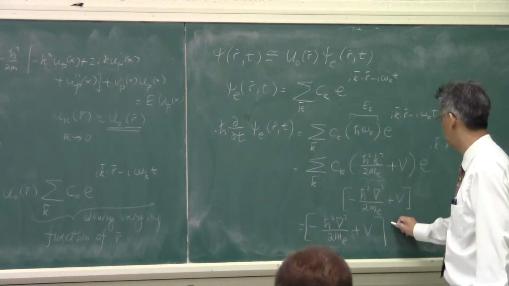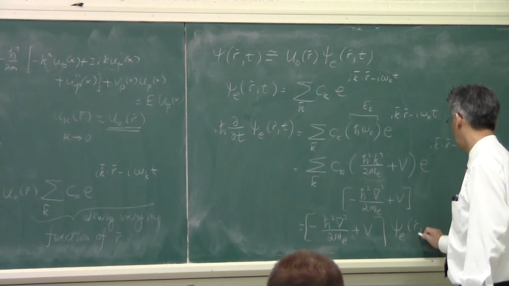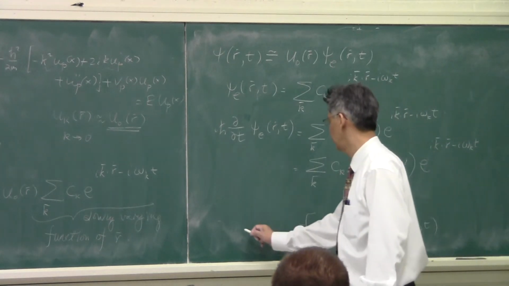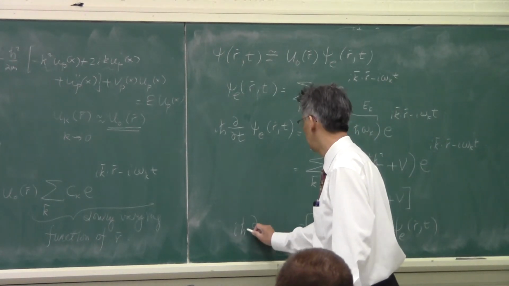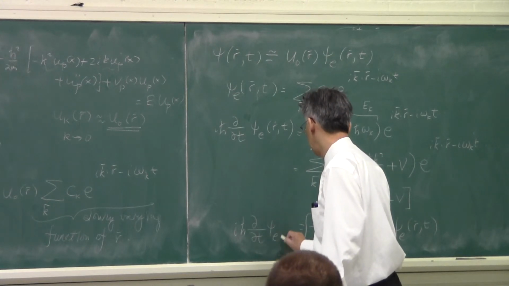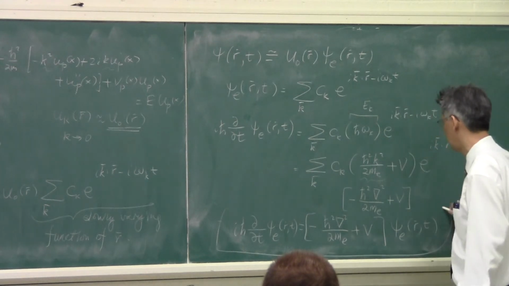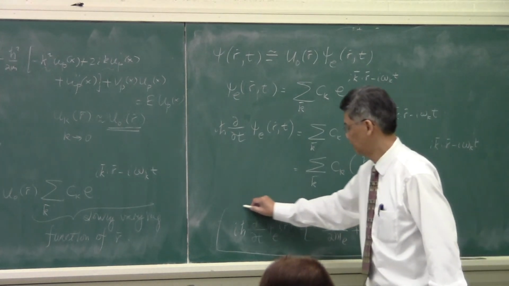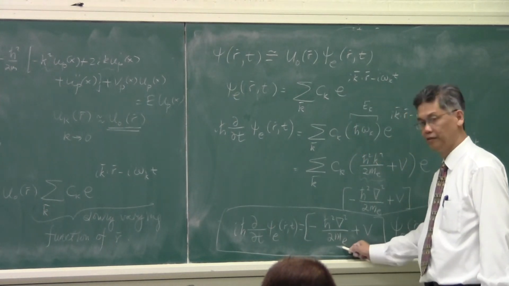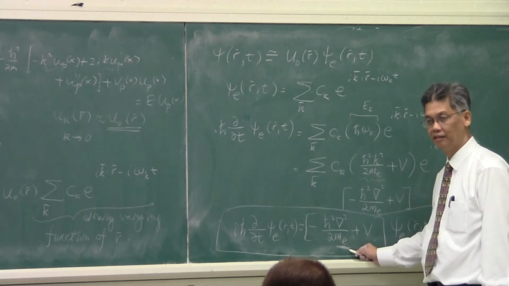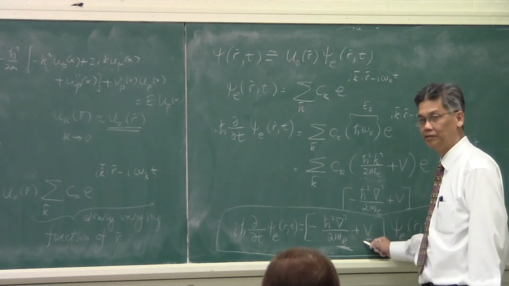That function that remains behind is just psi_e(r,t). So I can see that the envelope function satisfies this equation that looks like Schrodinger equation, or exactly like Schrodinger equation, except that I have an effective mass and I have an effective potential.